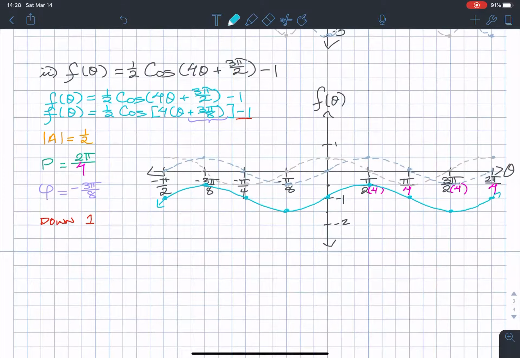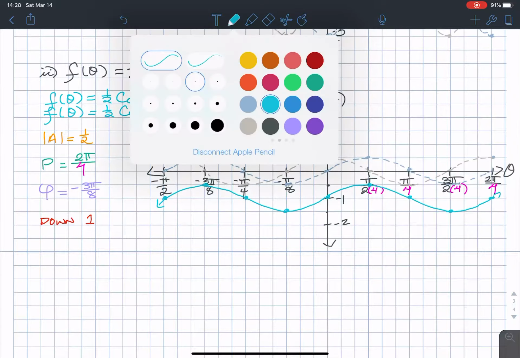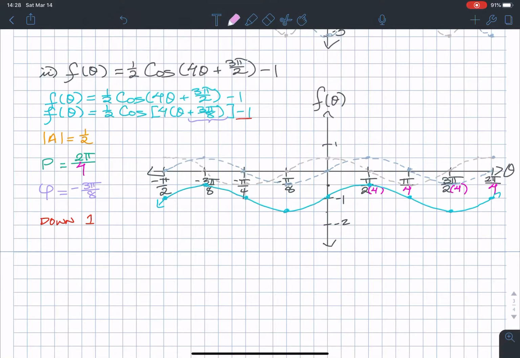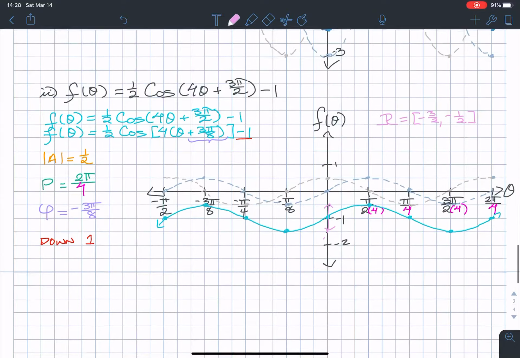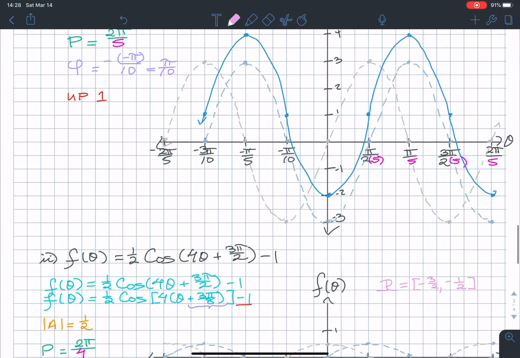Looks something like so. So let's note something about the range here. The range is now from negative 1.5 to negative 1/2, right? So from negative 3/2 to negative 1/2. And that's it. Did I do the same thing here? I did not.